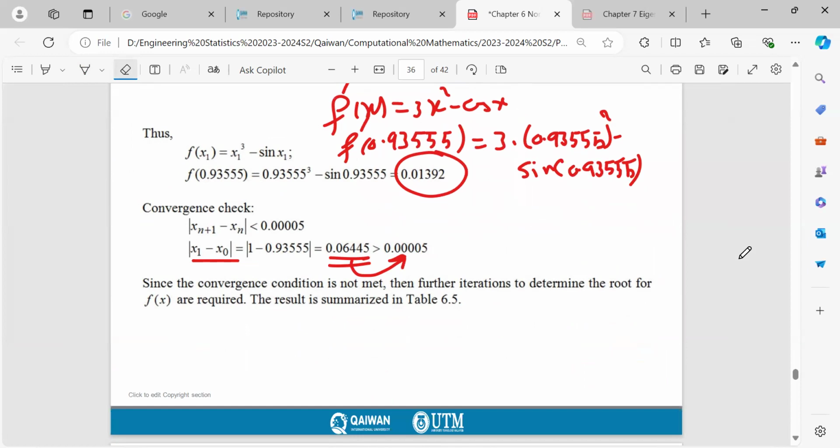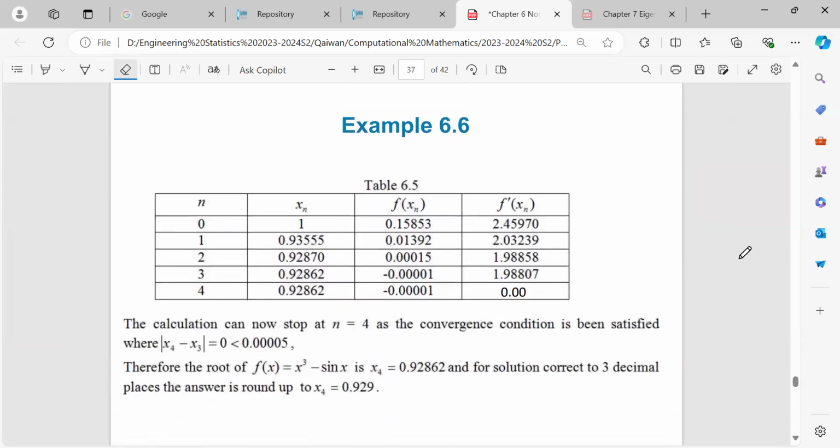We need to find x2. That's it. This is x naught, this is f of x naught, and this is f prime of x naught. This is x2. This is x3, x4, x5, and so on.